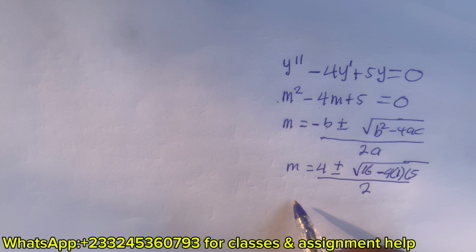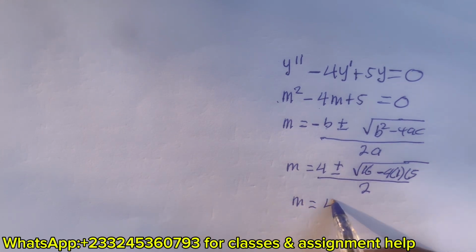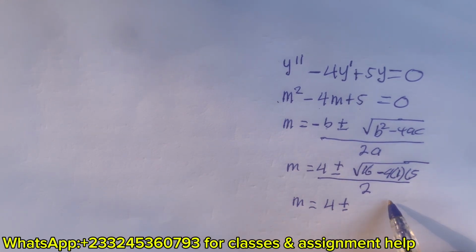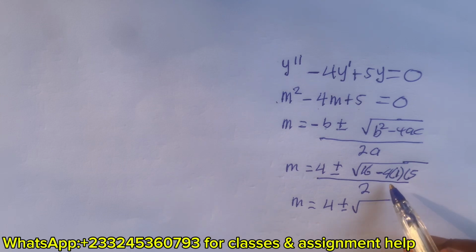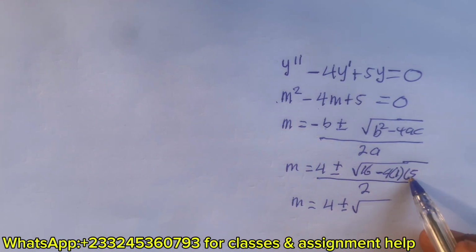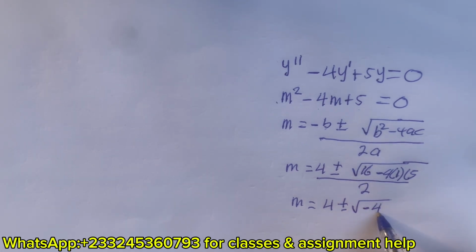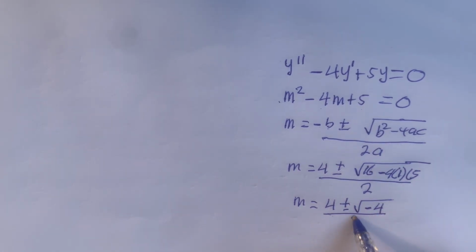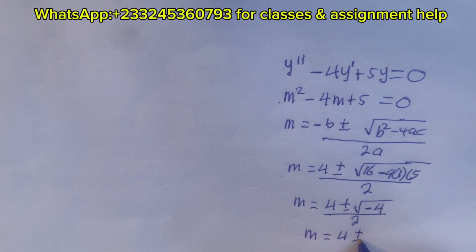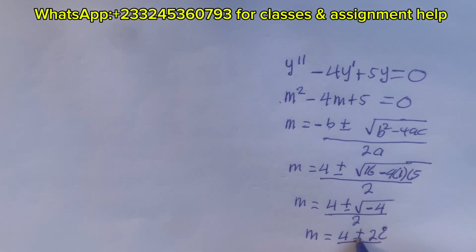That's good. Now we have m equals 4 plus or minus the square root of, if we multiply 4 by 5, we get 20, and subtract from 16, we get negative 4, all divided by 2. So we get m equals 4 plus or minus 2i, all divided by 2.